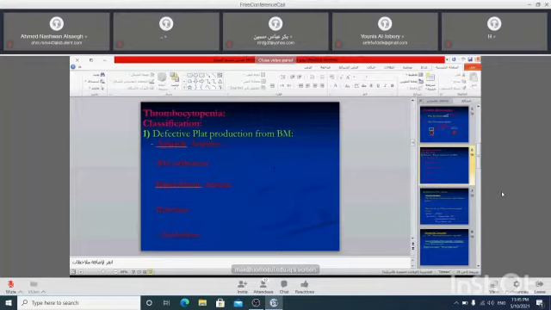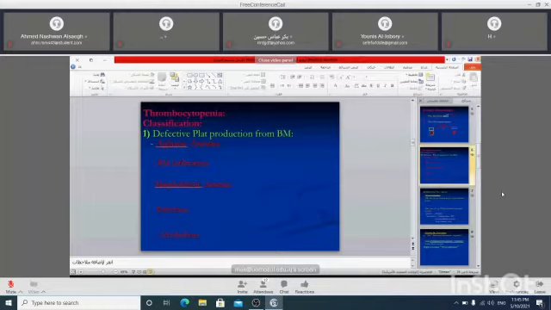Causes or classification of the causes of thrombocytopenia. First of all, remember what we did for the classification of anemia; we will do a classification for thrombocytopenia. First, when there is a defect in platelet production inside the bone marrow, meaning the factory for platelet formation, there is abnormality in the bone marrow: either bone marrow failure, as we took in aplastic anemia.